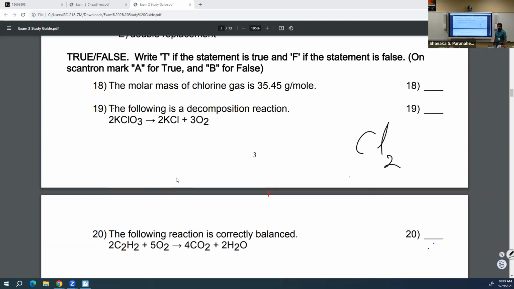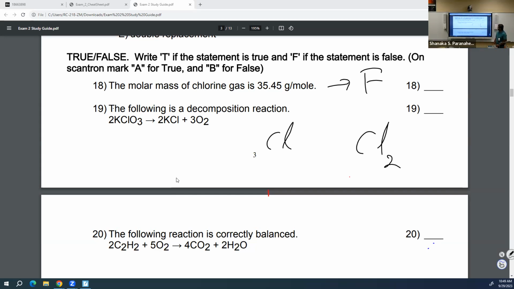Chlorine gas is a diatomic molecule. We talked about 7 diatomic molecules. Then it is false because it's 2 times the atomic weight of chlorine. I mentioned that several times: for diatomic molecules, it's going to be the atomic weight of the element times 2. So it's false, but you could fix it by just multiplying it times 2. It's asking for the chlorine gas molar mass; this is false because 35.45 is the mass of 1 mole of chlorine atoms.